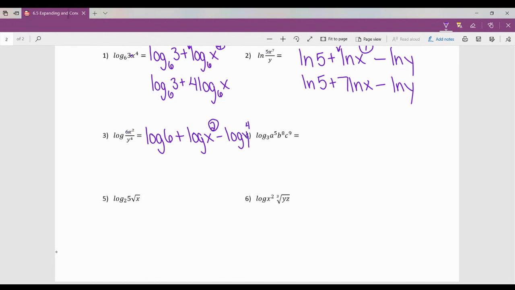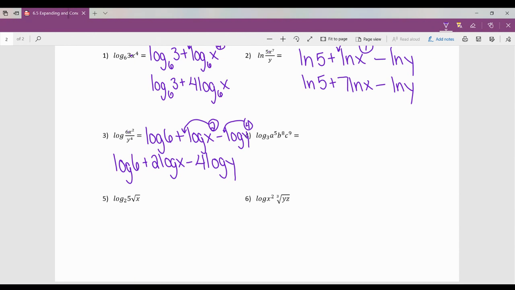All right, then we take these exponents, and they're going to go down in front of the word log that they're connected to. So it's going to be log of 6 plus 2 log x minus 4 log y.